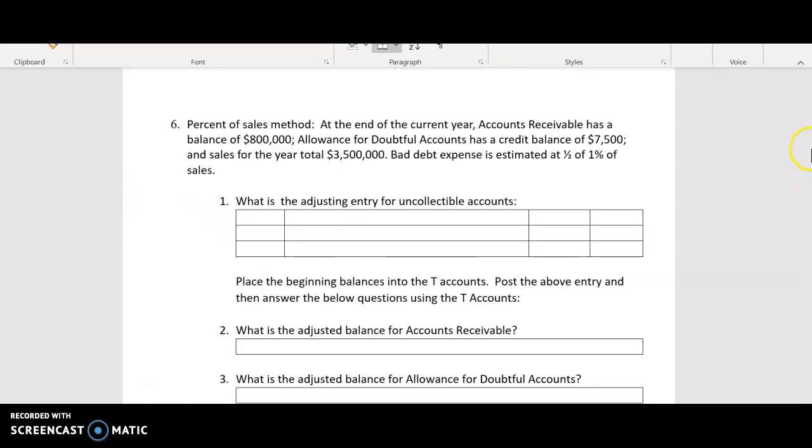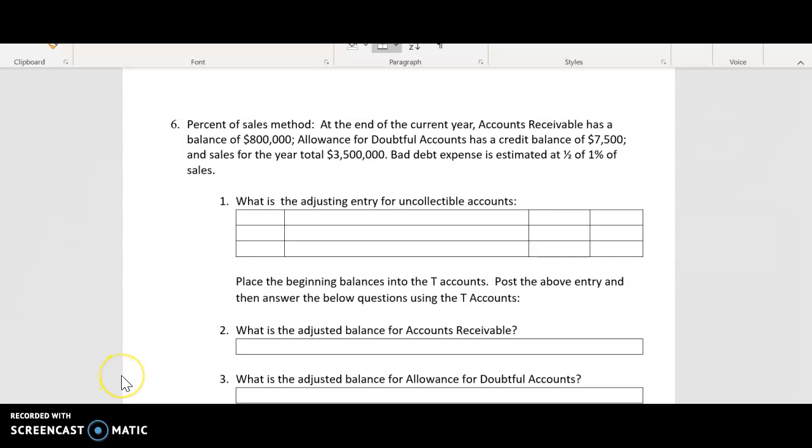Okay, so the percent of sales method, this is that entry that I just showed you. You're going to do your bad debt expense at 1/2 of 1%. So do 1/2 times 1%. Well, half of 1 would be 0.5%. And then if you change that to a decimal, you would get 0.005.